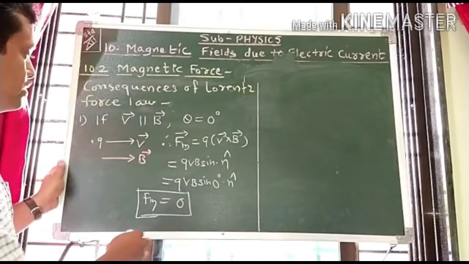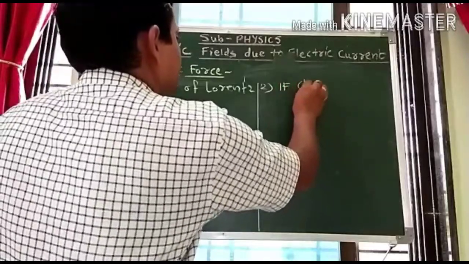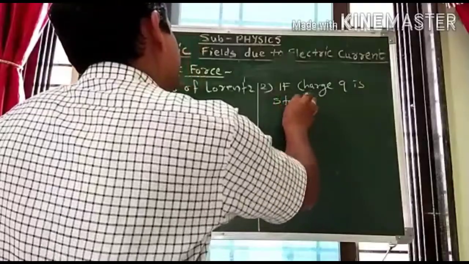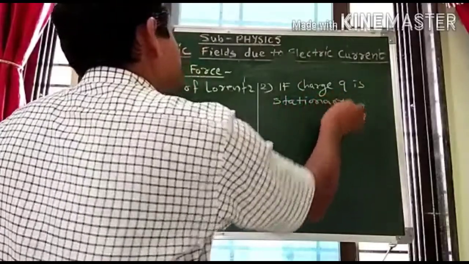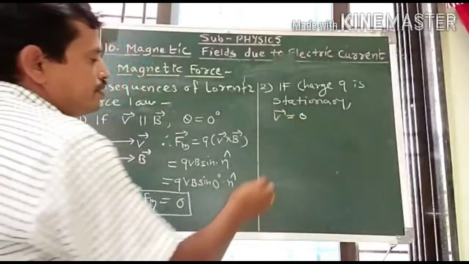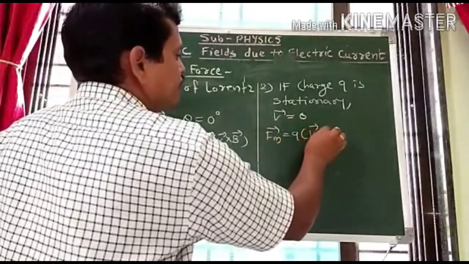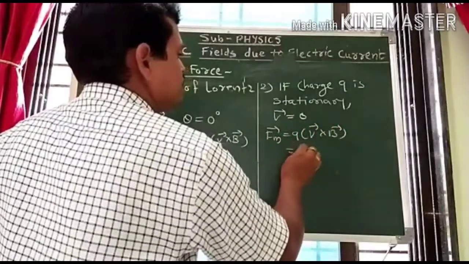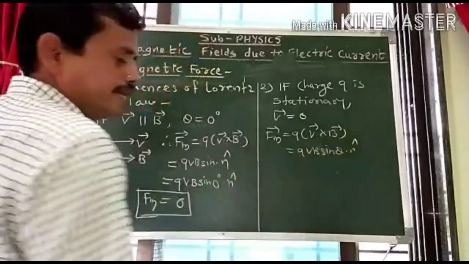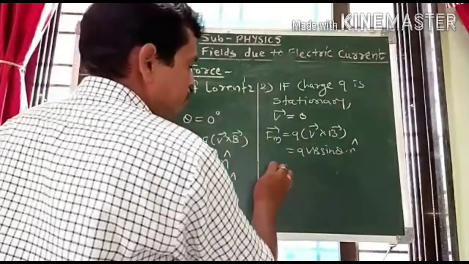Now the second consequence is that if the charge Q is stationary, that is velocity vector v is equal to 0. Again using the equation vector Fm equal to Q into bracket vector v cross vector B, which is equal to Q v B sine theta into n cap, where n cap is the unit vector along the direction of vector Fm, the magnetic force.